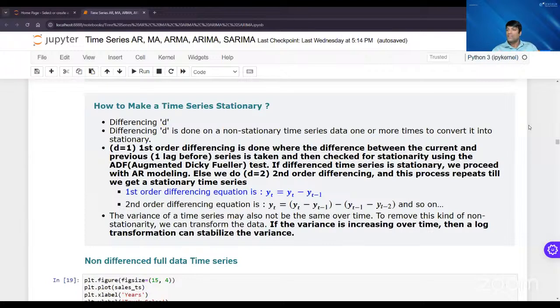Let me rephrase. I'll tell you why lags are important. When we talk about the past and present, the concept of lag captures any dependencies between the past and the present.